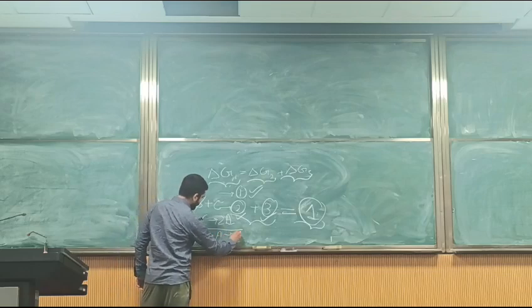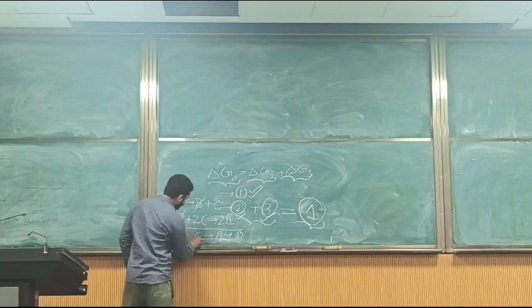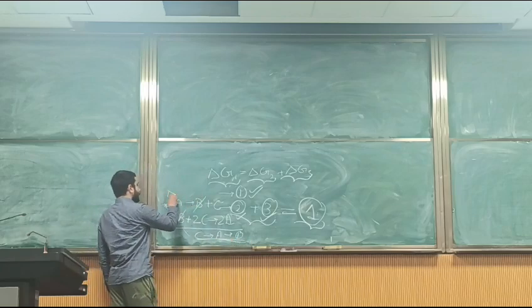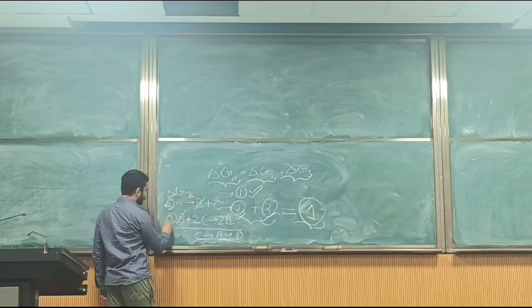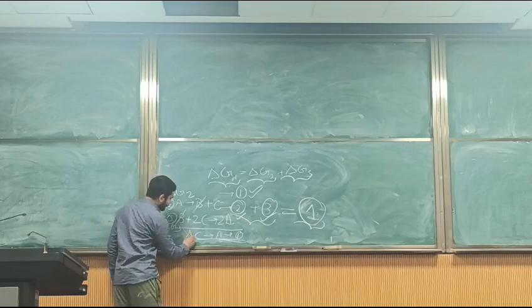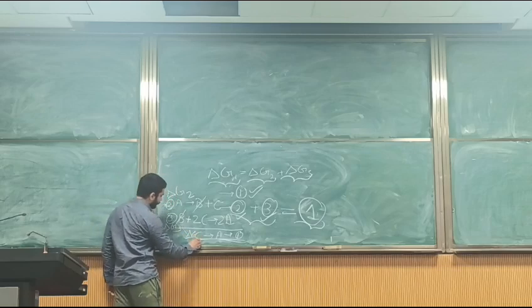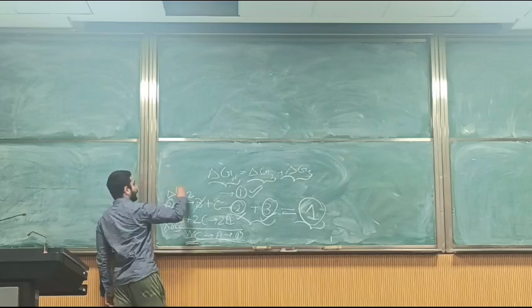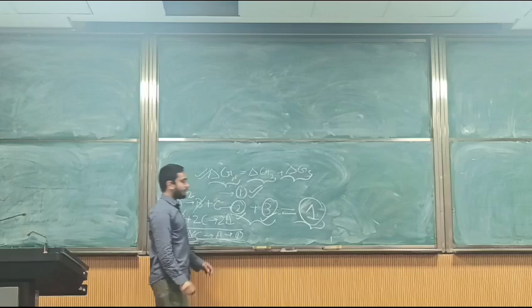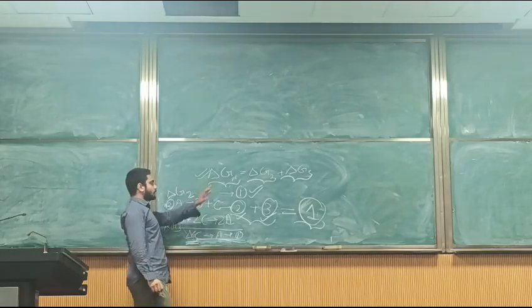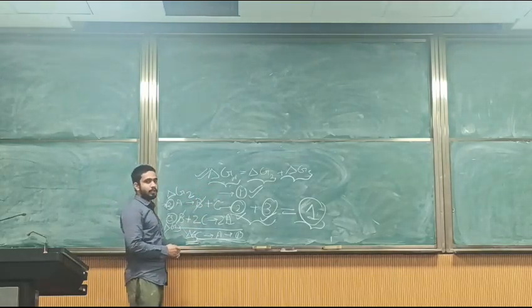So this is the first. If the Gibbs free energy of the second reaction is delta G2, of the third reaction is delta G3, and of the first reaction is delta G1, then delta G1 is equal to delta G2 plus delta G3. Like this we can add or subtract the Gibbs free energy for reactions.